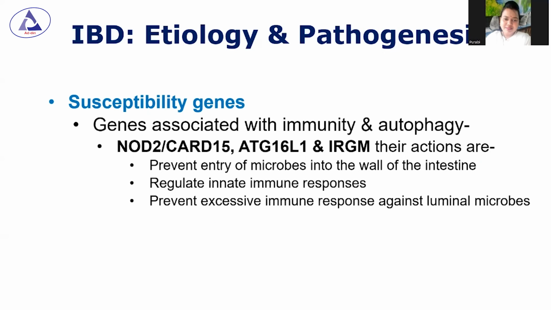NOD2 acts as an intracellular receptor for bacterial proteins, and ATG16L1 and IRGM are both associated with the process of autophagy. Their actions are to prevent entry of microbes into the wall of the intestine. They regulate the innate immune responses. They also prevent excessive immune response against luminal microbes.